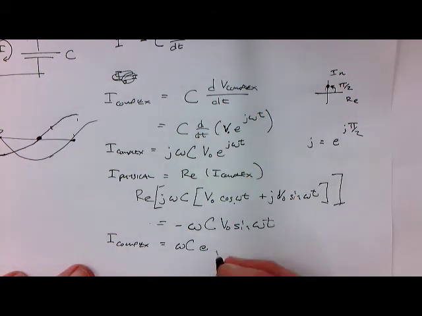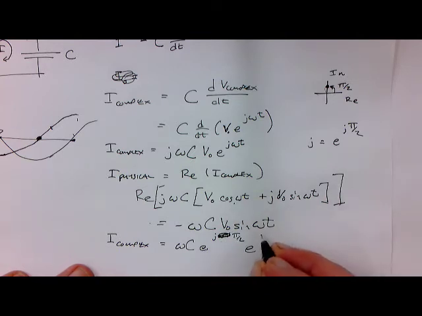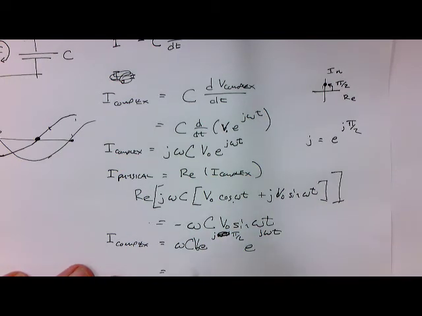So now I've got omega times c times e to the j pi over 2, and times e to the j omega t, and I forgot a v naught out here, right? Or in other words, it's omega times c times v naught times e to the j (omega t plus pi over 2).